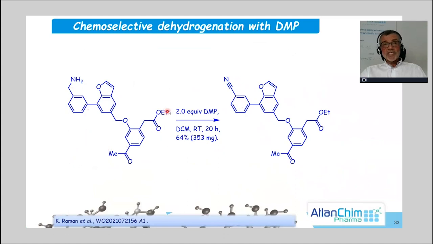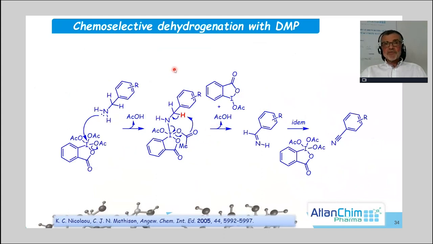As shown in this example here, treatment of this benzylic amine with two equivalents of Dess-Martin's reagent in dichloromethane at room temperature gave this nitrile derivative in 64% yield.